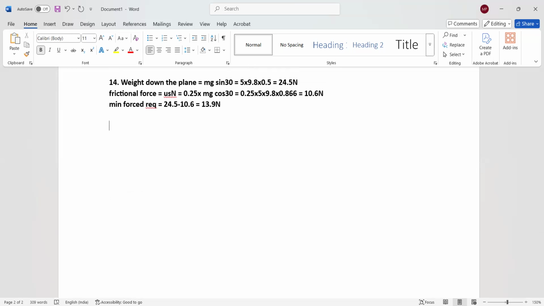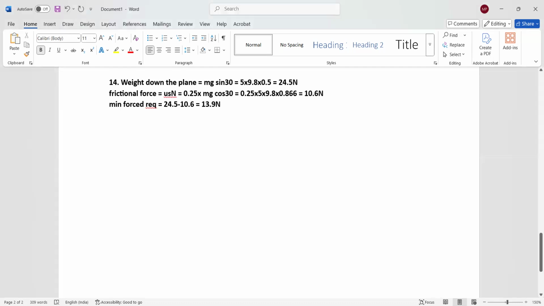15th question is, two blocks P and Q of masses M1 2 kg, M2 3 kg respectively are placed in contact with each other on a horizontal frictionless surface. Some external force F is equal to 10 Newton is applied to the block. Find the following.